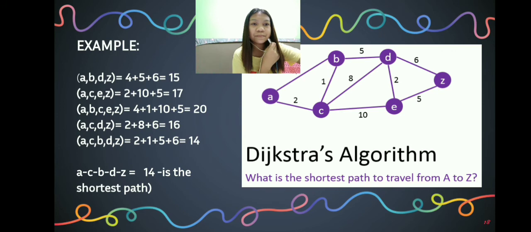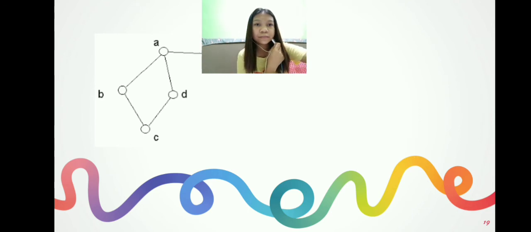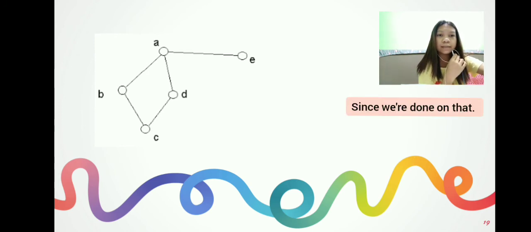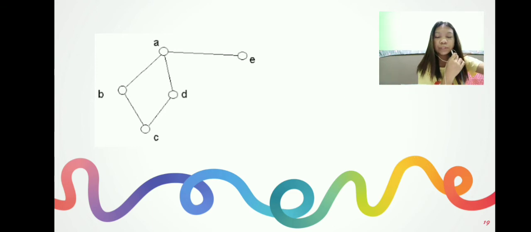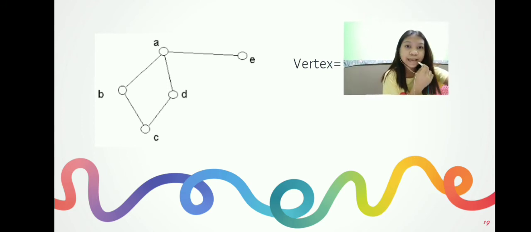Next, we're done with that. Another example, but we're not going to find the shortest path. We're going to determine how many vertices.